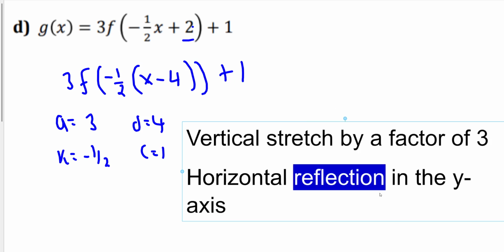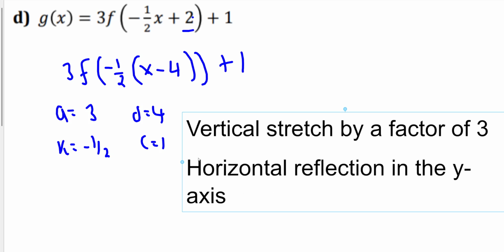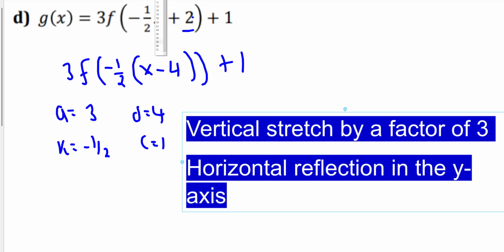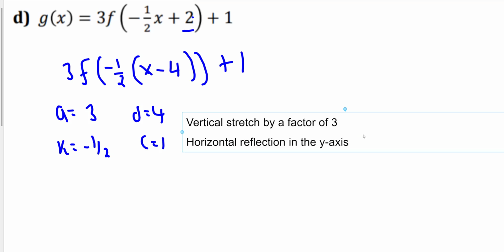So horizontal reflection in the y-axis. Okay. Why is this so big? There we go. All right, and the half part is the horizontal stretch by a factor of 2.